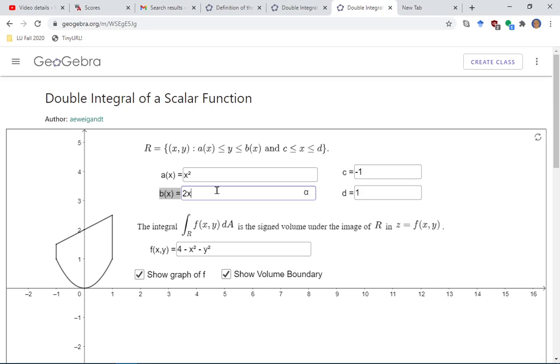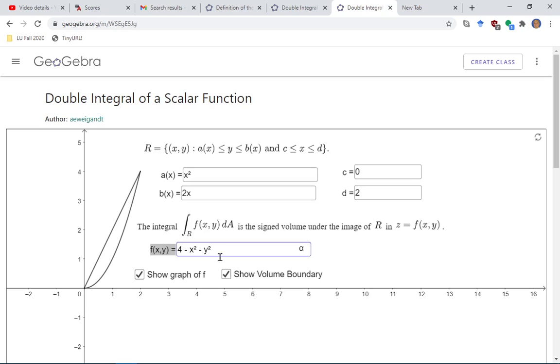You have learned in Calculus 1 how to find the intersection of these curves. You just set them equal to each other and find the beginning and end, which in the x direction is from 0 to 2, I guess. We are waiting for this thing to update. Okay, 0 to 2.